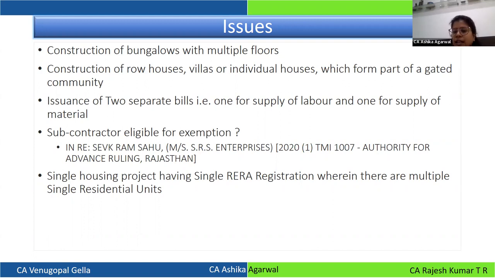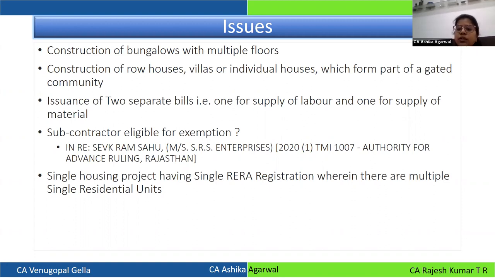Now in this, again, your RERA comes into the picture. How you have taken that registration, how you have classified that project. And in my personal opinion, I don't think you will be eligible for this exemption. You may say that it's like a single residential unit, but it's a community which you have been developing.